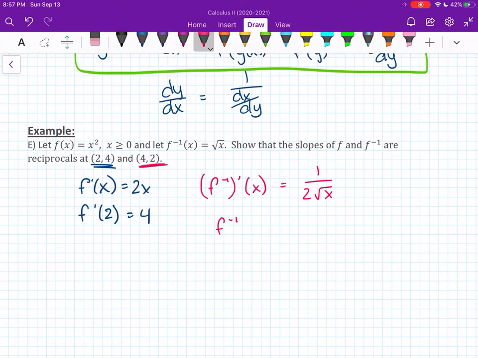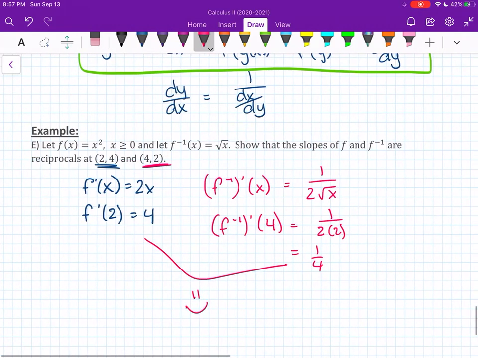And then when I plug in into that one, I'm plugging in 4. I get 1 over 2 times the square root of 4, which is 2. So I get 1/4, and they are reciprocals. So we are happy. Great. Now we are done with the notes. So go ahead.